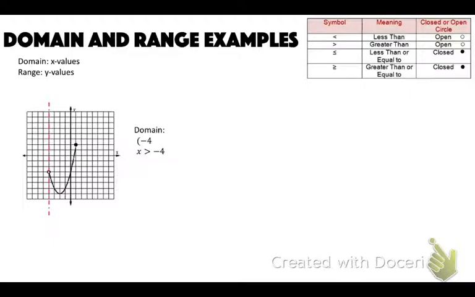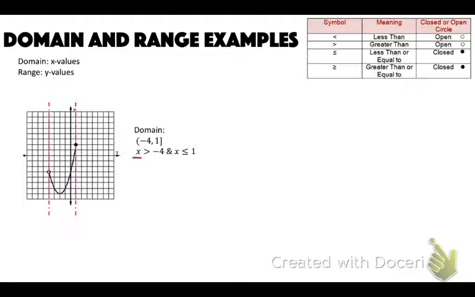Yeah, so x is greater than negative 4, right? And we're going to put a parenthesis there because there's an open circle there, which means that it does not equal negative 4. But then the furthest right it goes is 1, and there is a closed circle there. So that means the domain is going to be from negative 4 to 1, and it's a bracket on 1.